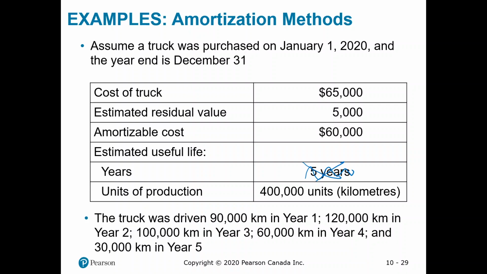So you're using one or the other. In this case, we don't care about 5 years. We're just looking at these 400,000 kilometers. So we're going to take the cost of 65 minus the estimated residual value and divide by the 400,000 units of production.